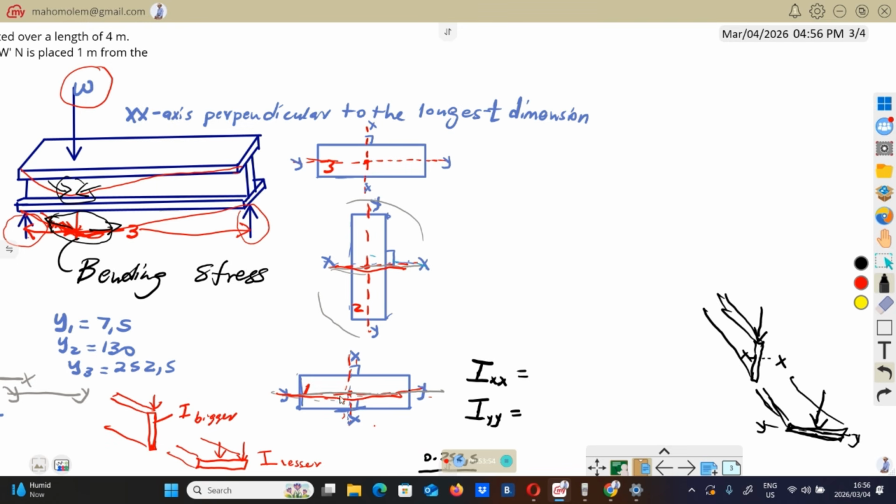This thing that we see here is the cross-sectional area. The same thing with that I: it represents the cross-sectional area, this side. When you cut this thing perpendicular to the length, you get this.